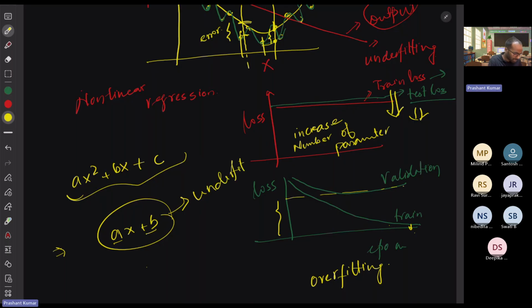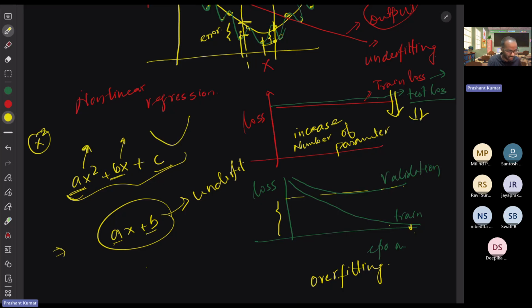In that case, at least you need 3 parameters, and if your x is the input, you can create a feature of x square and give that x square as input. If you are creating a, b, c, at least 3 parameters, then only you can train this parabola.